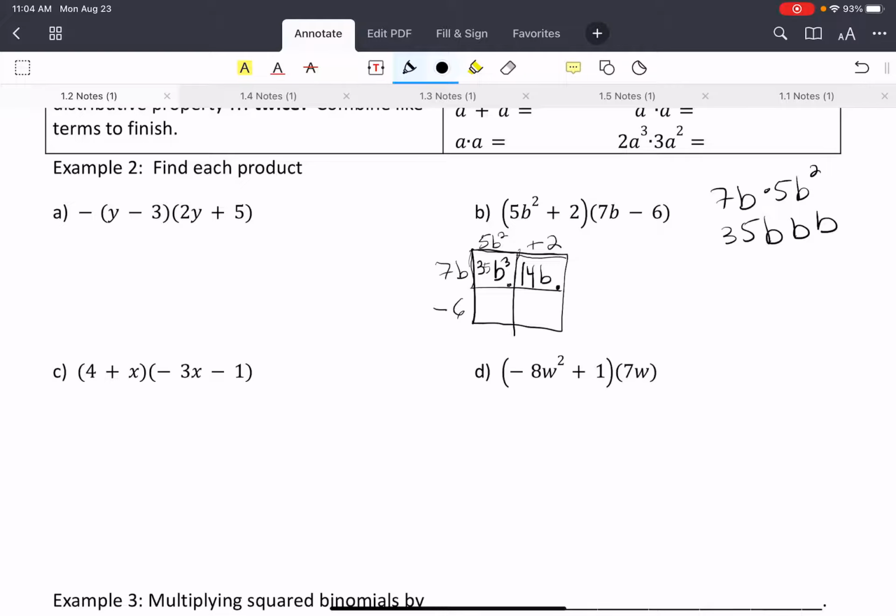Okay, I got, is it 30b squared? Keep the negative, negative 30b squared. And then negative 12. Okay, good. Now how do I know what order to put them in? Look for the biggest exponent first.